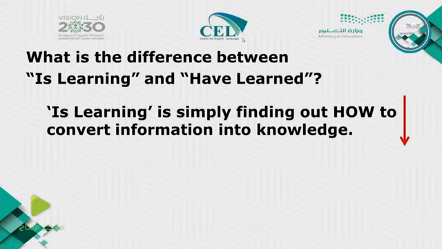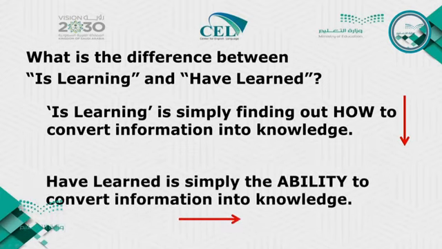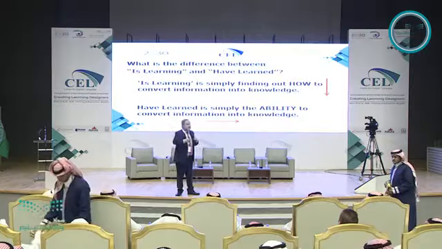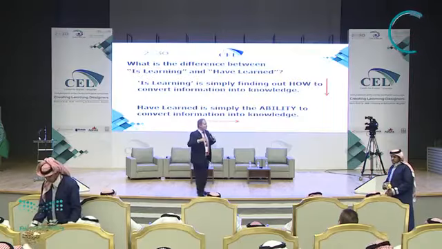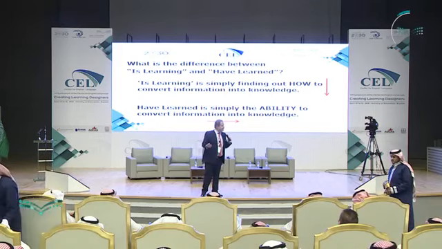We cannot have one model, one method that will work for everybody and for everything to be learned. But the have learned has to be the same for us all. We have to show classically, traditionally, that they have learned. So in a 45-minute period, there will be 20 minutes, 30 minutes, 40 minutes is learning. But the end of the is learning should be have learned.